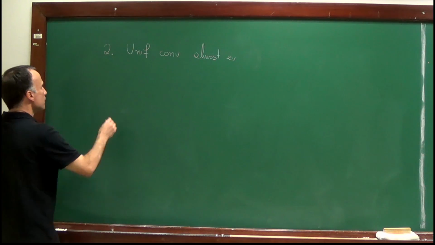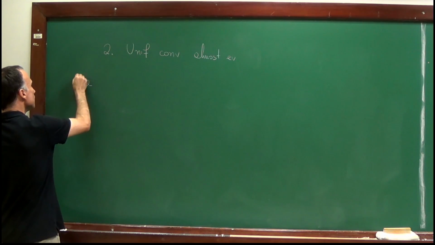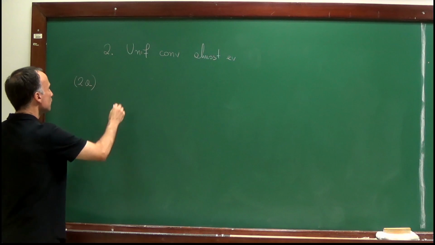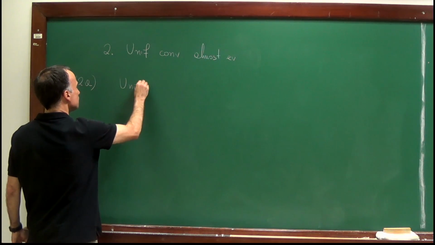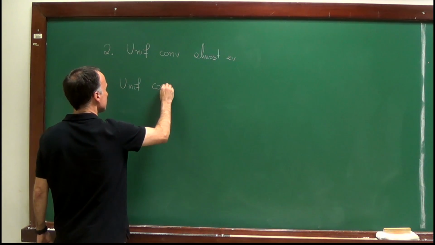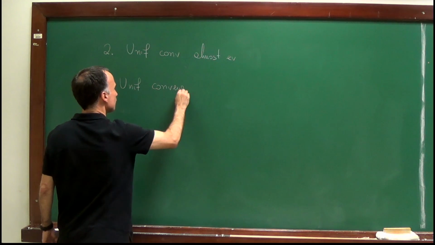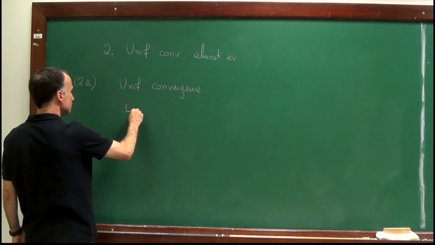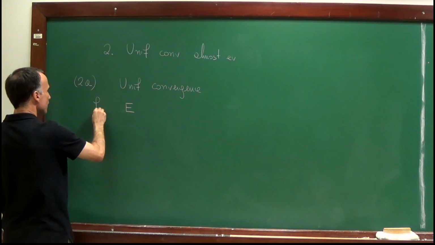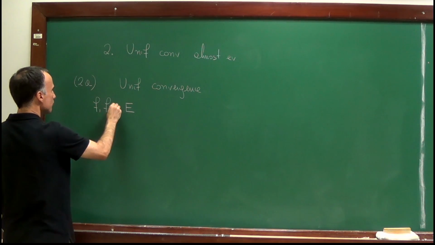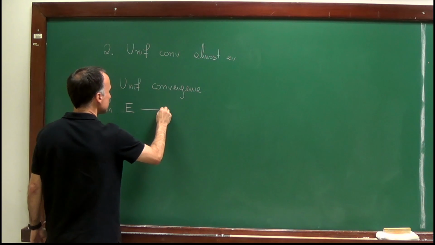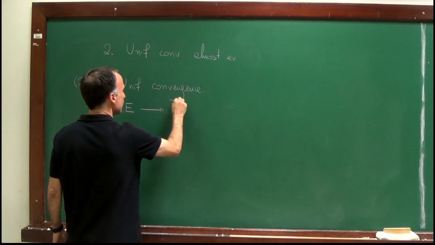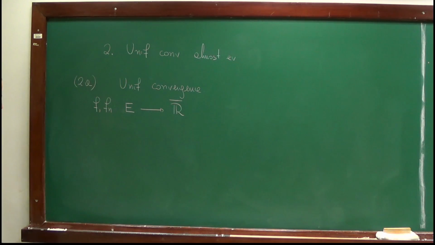So before introducing that, let me remind you what we understand by uniform convergence. So let's assume that we have a set E, and we have a function f and a sequence of functions f_n, which are defined on E and are taking values in the extended line.